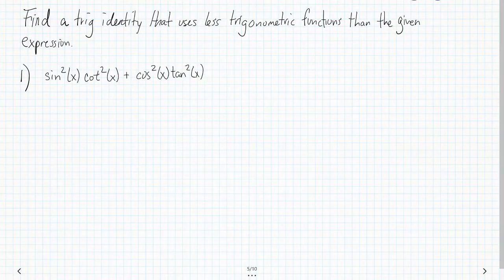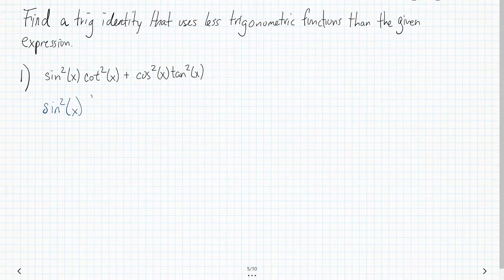So now what we want to try and do is work with trig identities. And the biggest trick to trig identities is breaking things down in terms of just sines and cosines. If you can do that, you're going to be in great shape a majority of the time. So with that in mind, we have sine squared of x, cotangent squared.